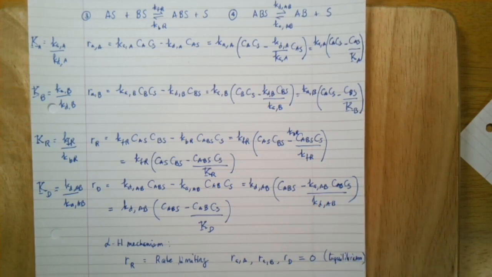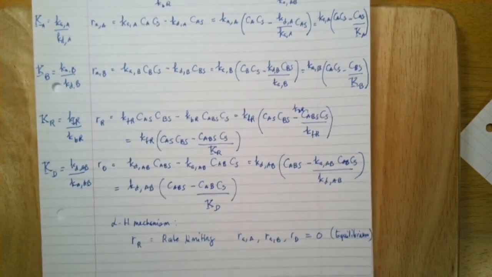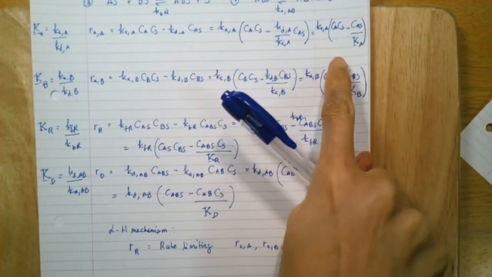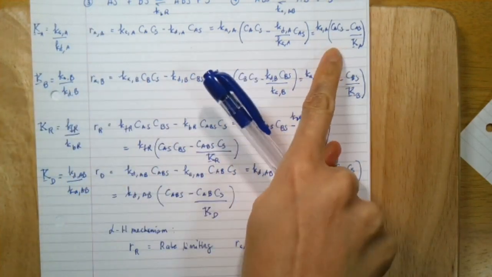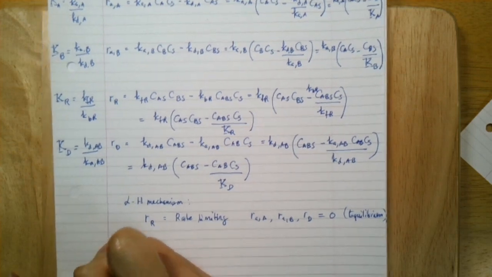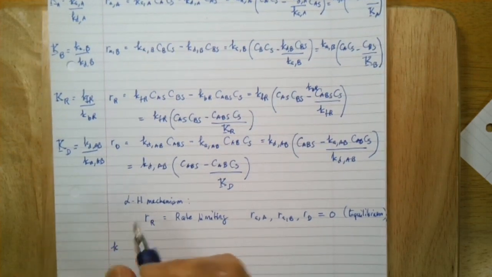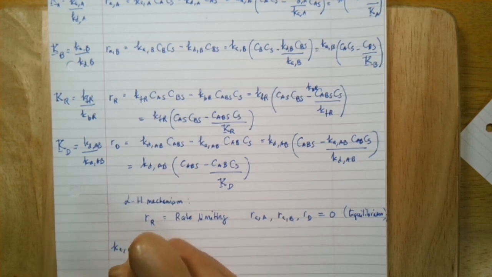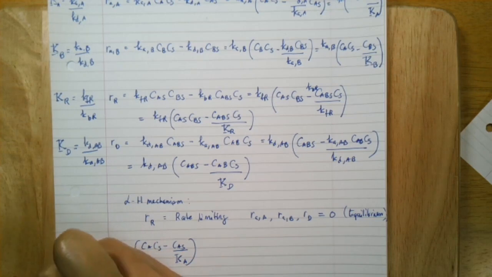That means we can take RAA, which we have written to be equal to KAA times CA CS minus CAS all over KA. This is equal to 0.